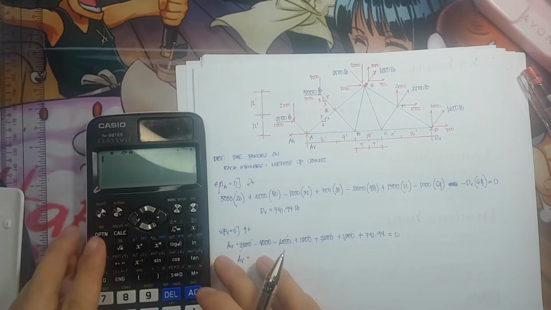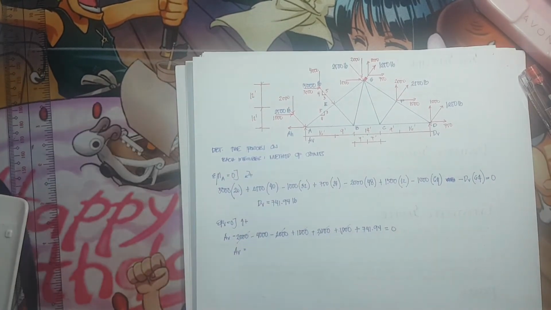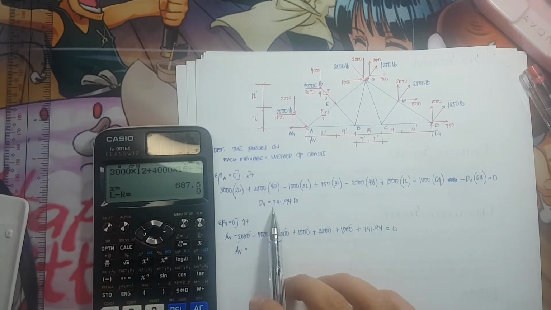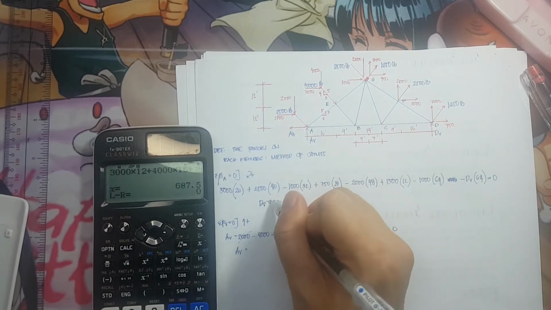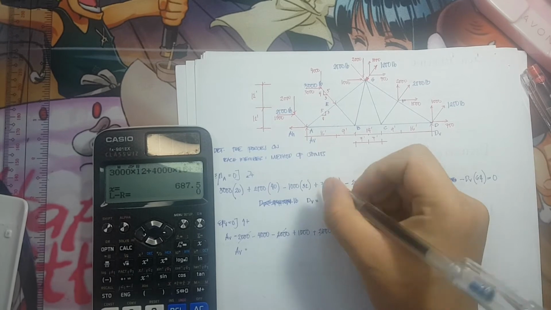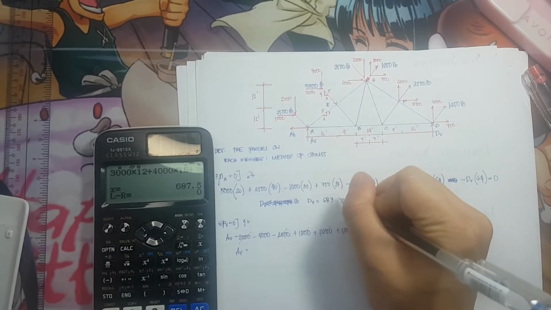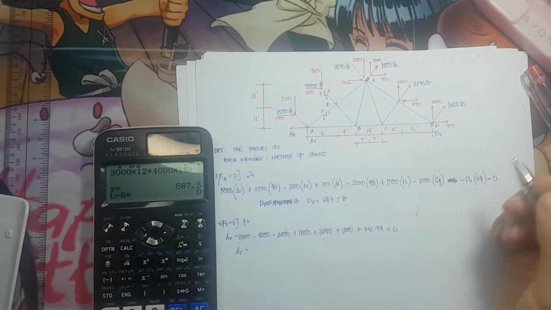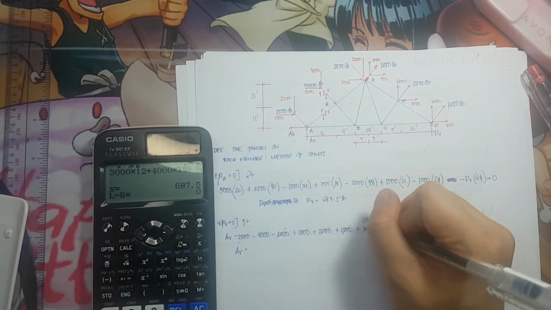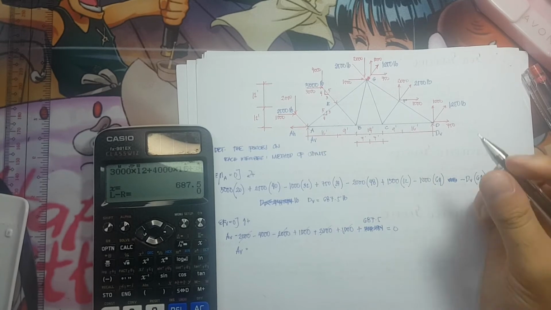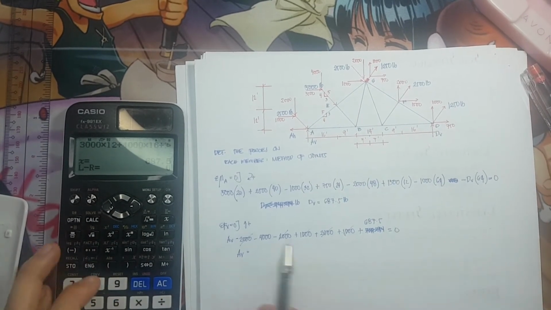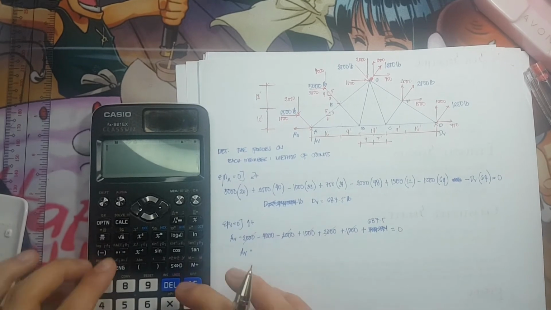Therefore, the vertical, so DV here is 687.5 pounds. So let's change it here. So we have here 687.5 pounds.